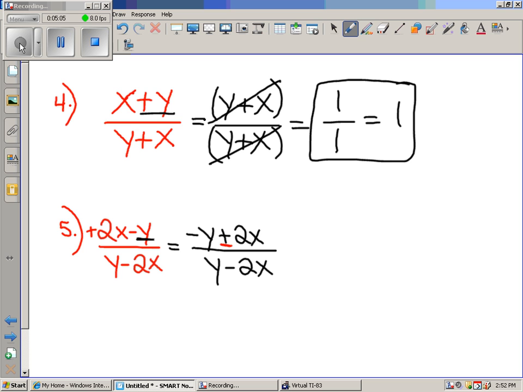So you're thinking to yourself, well, they don't match at all. But watch, you can do something real sneaky. You can factor out a -1 from the top, and it changes all the signs. So I'm going to take out a -1, and then watch. What's negative y? What happens when you take a -1 out of there? It becomes just positive y.